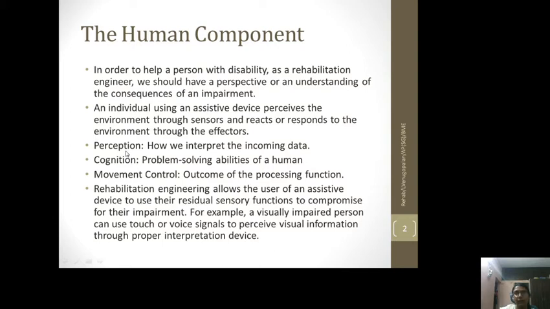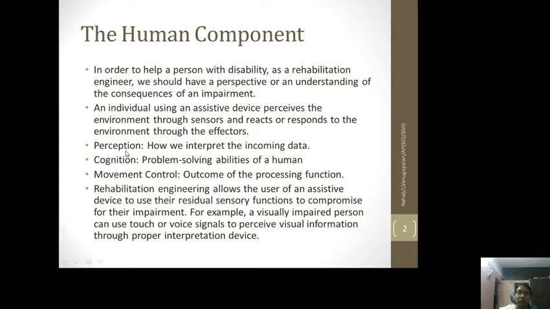This incoming data could be something that we are visualizing, something that we hear, something that we feel, a hot or cold sensation, or some smooth or rough sensation, various colors, or some visual image, or some sound, or some buzzer, or anything. That is the interpretation of incoming data.